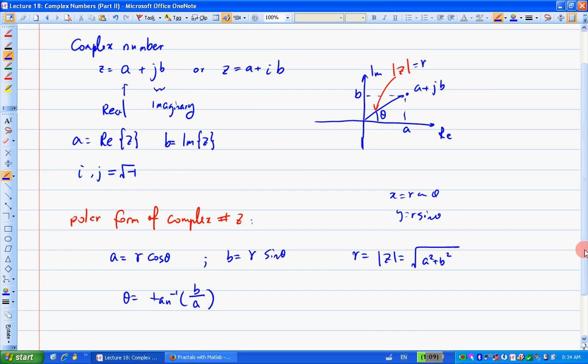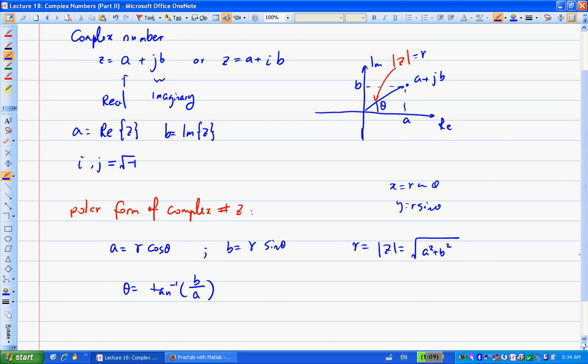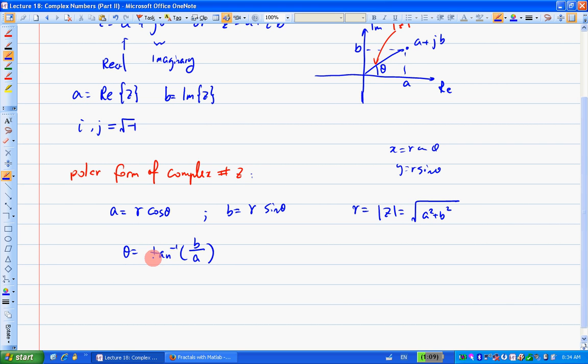However, in the last lecture, in the example I gave you, you cannot fully trust the value given to you by the calculator, right? You need to look at the actual location of this complex number to figure out the actual theta value.